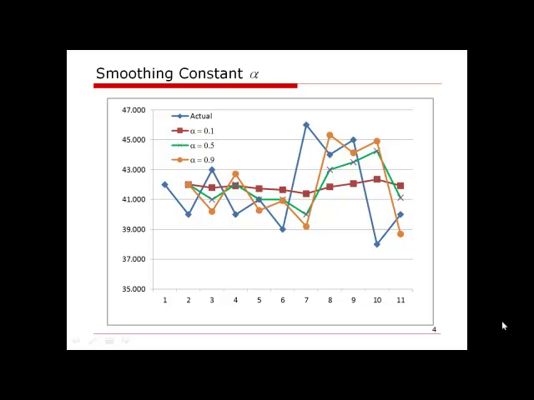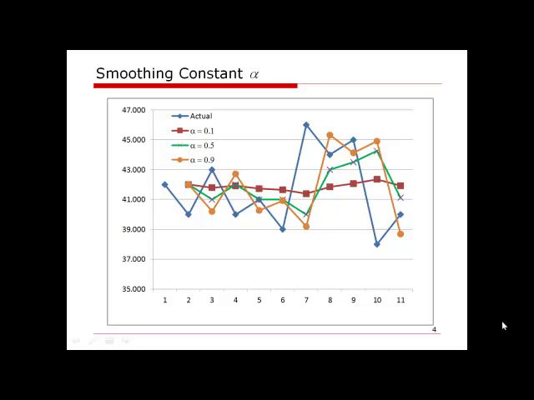Now, the smoothing constant alpha basically will affect how the forecast result changes with the real demand. It is a parameter that determines how responsive the forecast result will be. Now we take a look at this chart here.